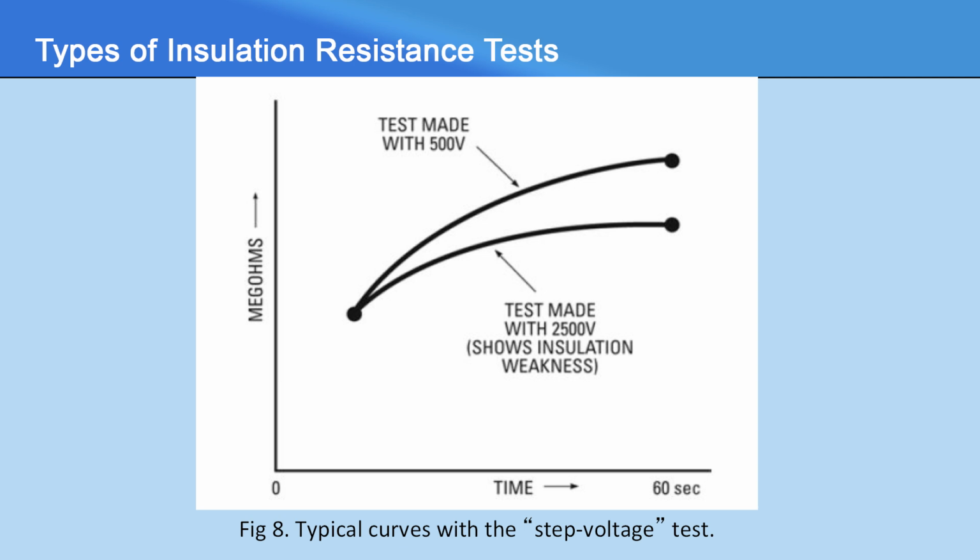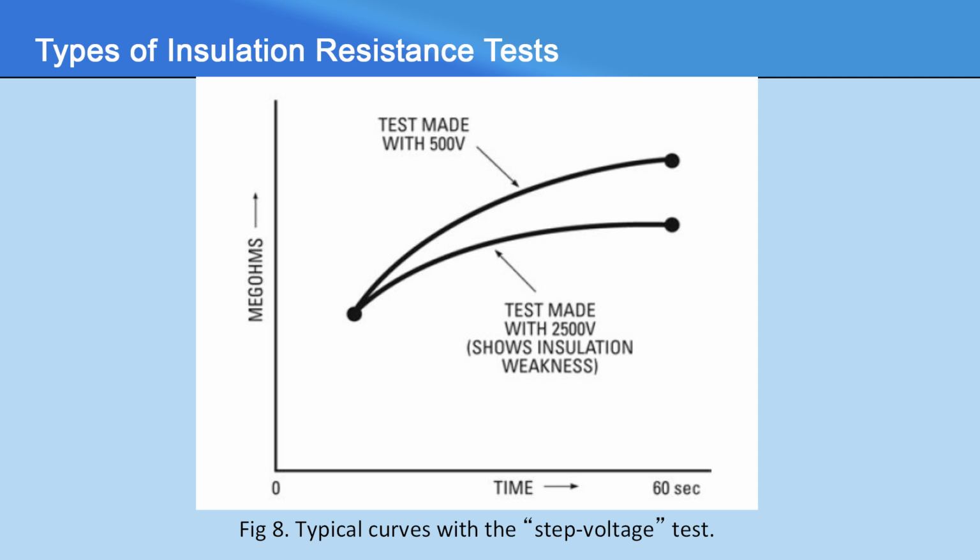Figure 8 shows an example in which, instead of progressively increasing the voltage, you first test at a low voltage such as 500 volts, and then after discharging the sample you test again at a higher voltage such as 2500 volts. Figure 8 shows the typical curves with the step voltage test.